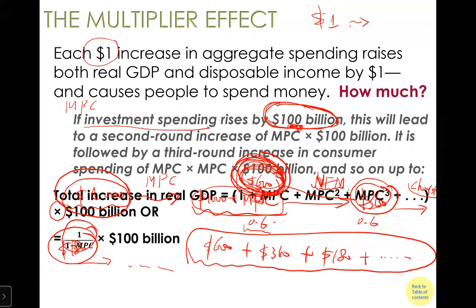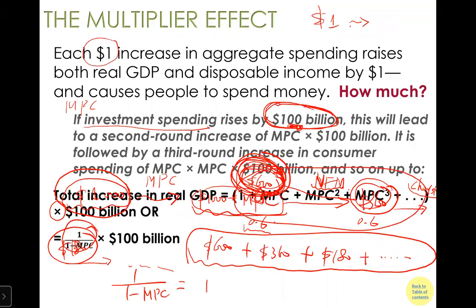So here, that is 1 over 1 minus MPC, which is actually equal to the items inside this bracket: 1, that's the initial spending, plus MPC, plus MPC squared, plus MPC cubed, and so on and so forth.